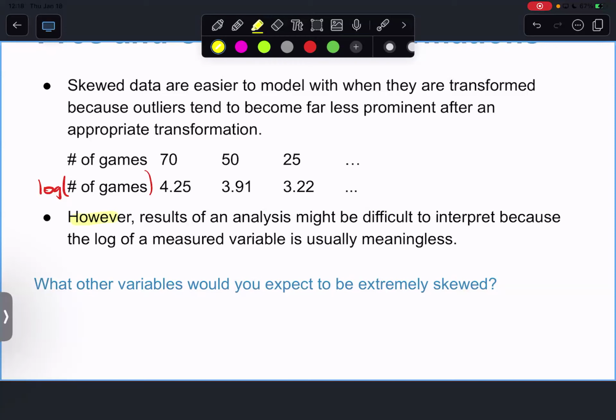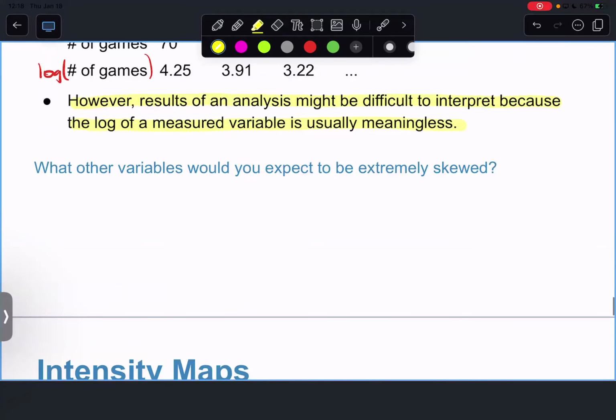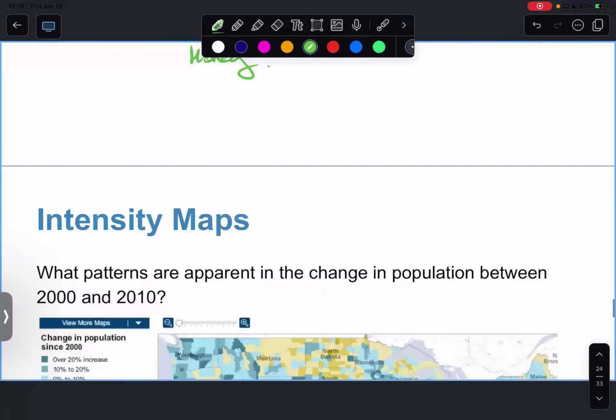So that's why we don't do it in this course, but it's done in real life. It's usually harder to interpret. I'm just going to say money here. There are lots of other skewed variables.